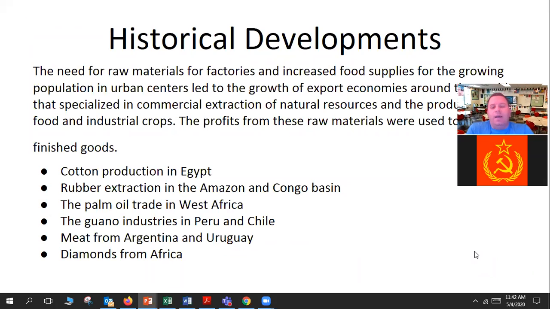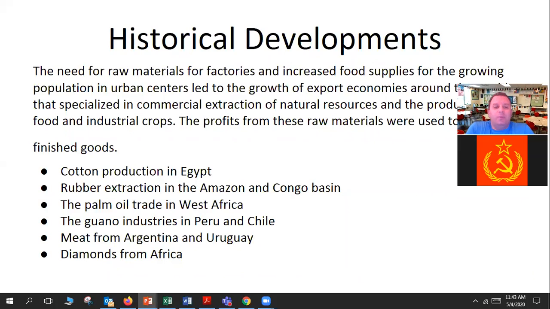And so in terms of the raw materials, the big ones are going to be cotton, rubber, palm oil, guano, meat, diamonds. These are, as you can see, mostly, but not entirely, being pulled out of Africa, and they're being used to create manufactured goods back in Europe where the Industrial Revolution is still churning along.